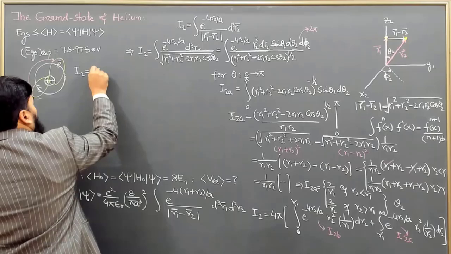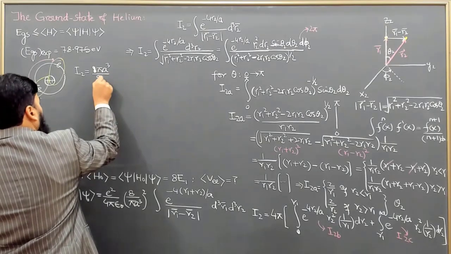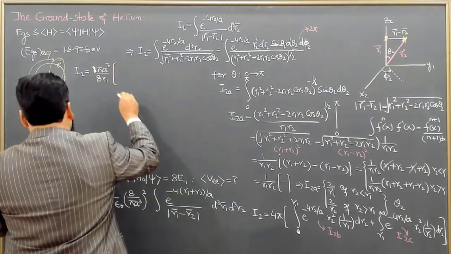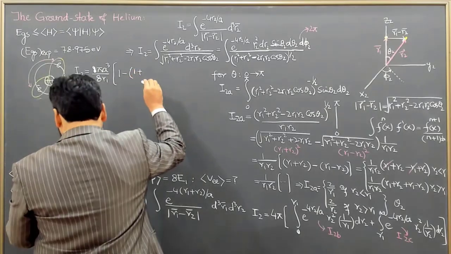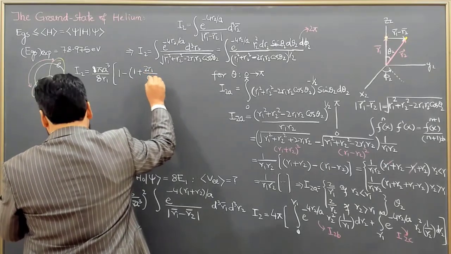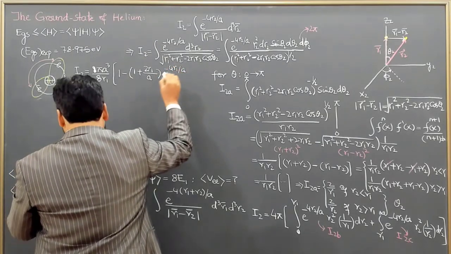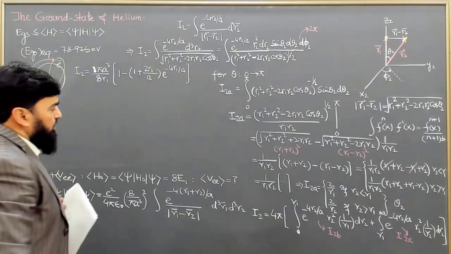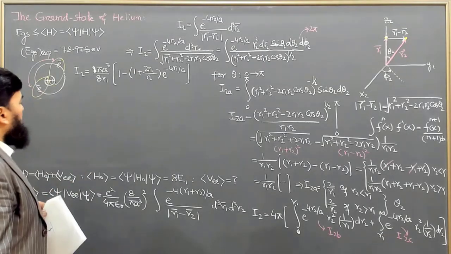So this is pi a cube over 8 r1, and this is 1 minus (1 plus 2 r1 over a) e to the power minus 4 r1 over a. So we have converted the r2 integral into r1 by putting the limits r1 there. So I2 comes out to be this.